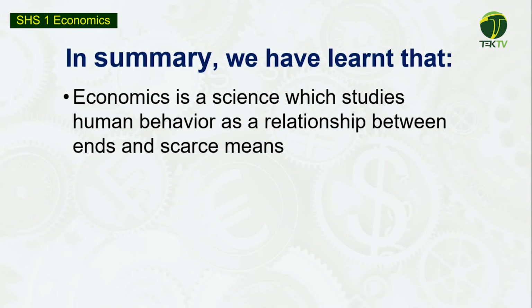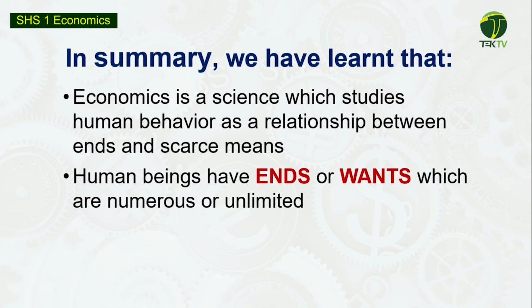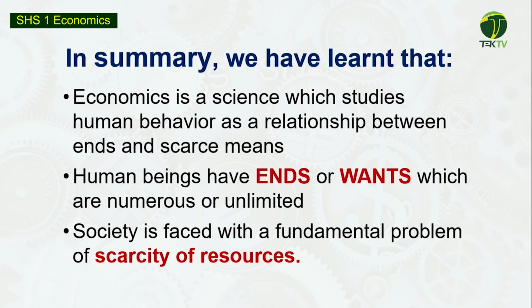And we have also learned again that human beings have ends, which are also called wants, which are numerous or unlimited. You have it, I have it. Firms are also faced with unlimited wants. Governments are also faced with unlimited wants. And lastly, we studied that society is faced with the fundamental problem of scarcity of resources.